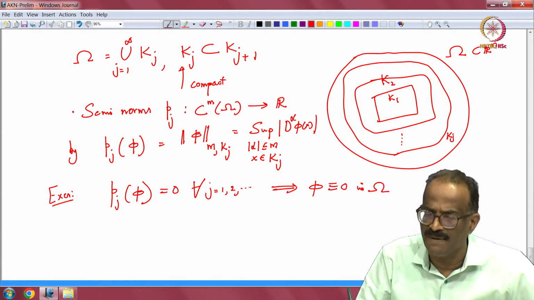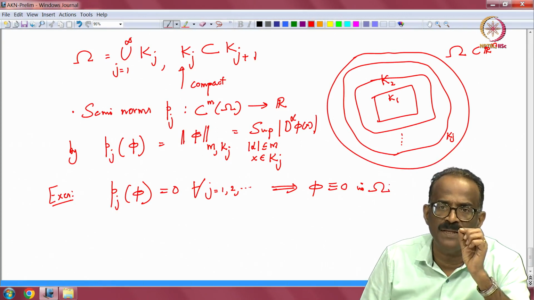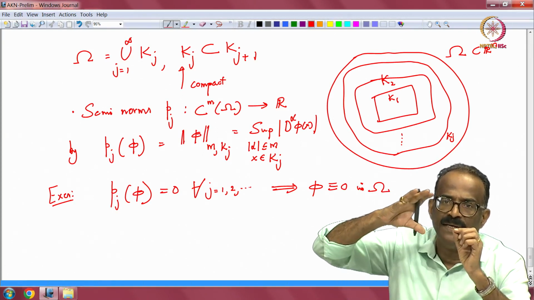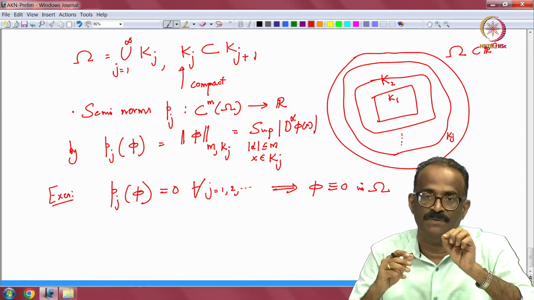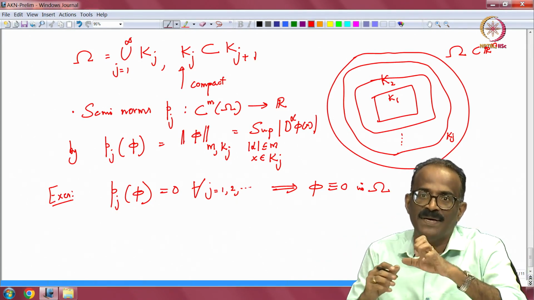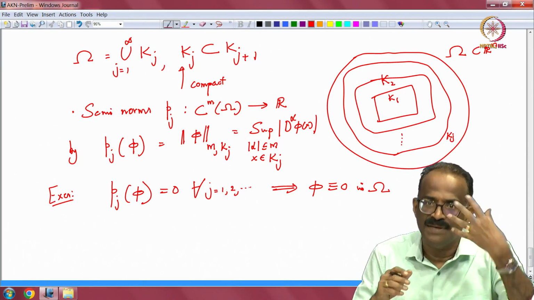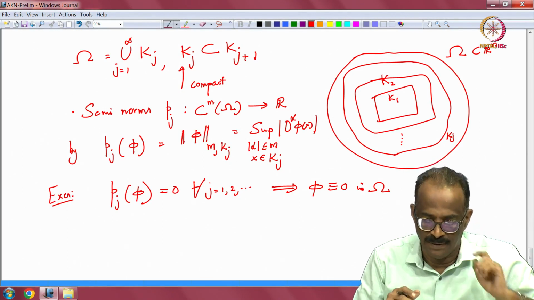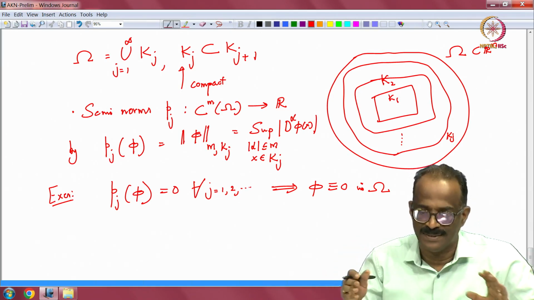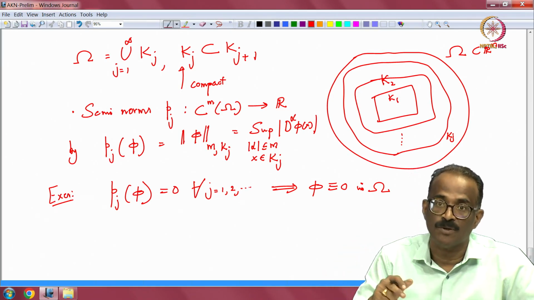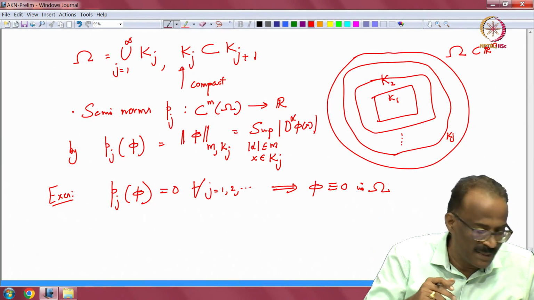That is a trivial thing, because if you take any point there and the kj's are increasing, they will eventually subsume it: x in omega will be in kj for some j, and you get pj of phi equal to 0, so phi is identically 0. So, for every phi you will get it.